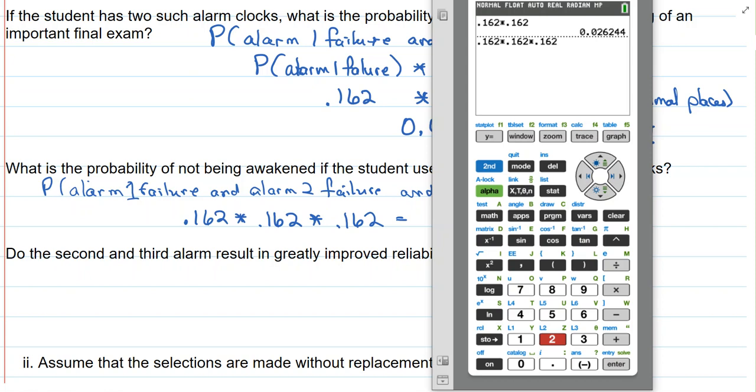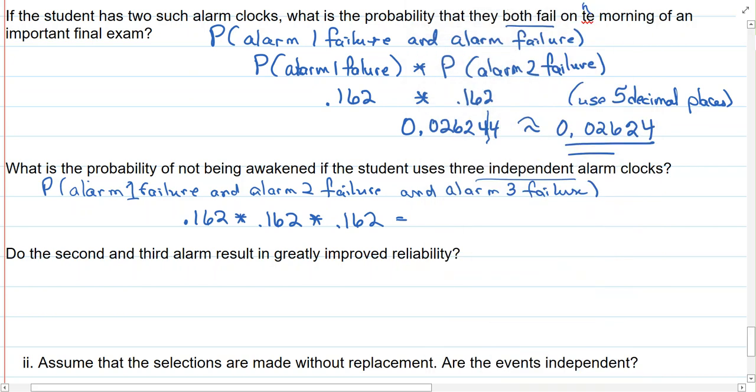Okay, so I have them all correct. And I have, oh, I got the answer and didn't write it down.